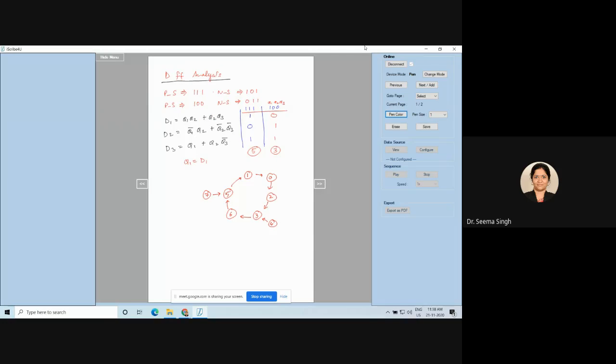D flip-flop is done. Now the T flip-flop analysis. If the present state is 7, what will be the next state? Answer please. What are the T1, T2, T3 values?